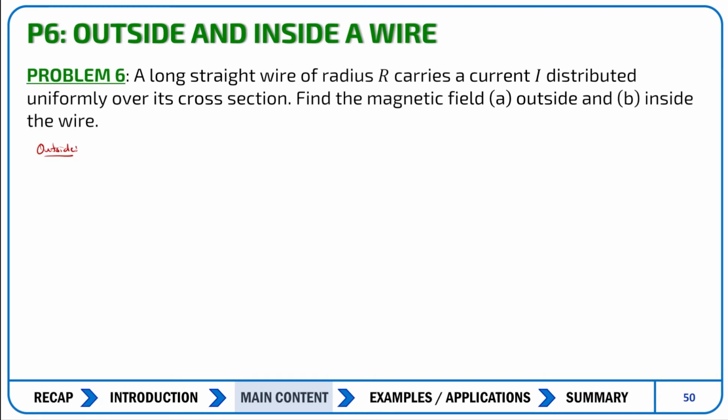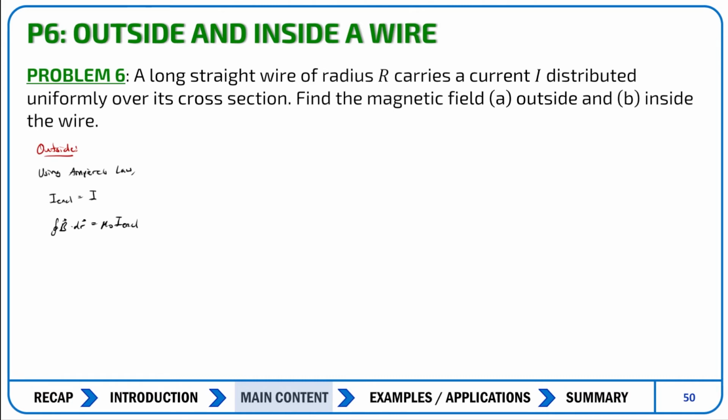So outside the wire, we know that when we're enclosing a current and we're using Ampere's law, then the total enclosed current is just the total current I. So using Ampere's law, for an outside current, we know that I enclosed is equal to the total current I. And that means we have the integral of B dotted with dr is equal to mu naught I enclosed.